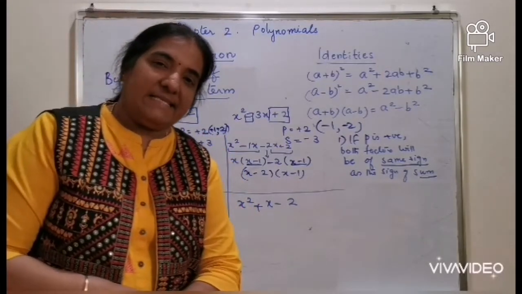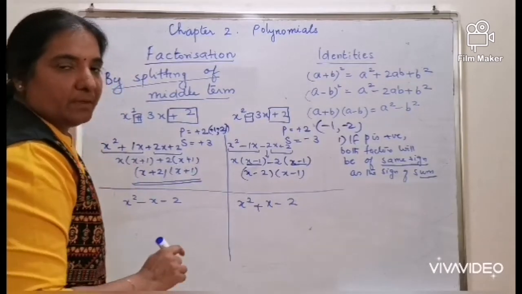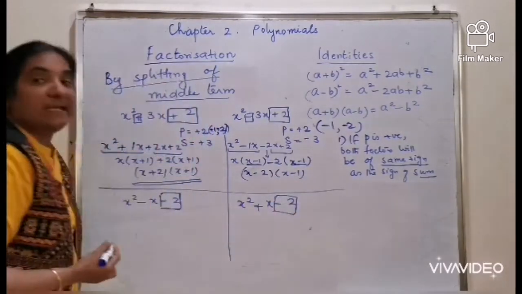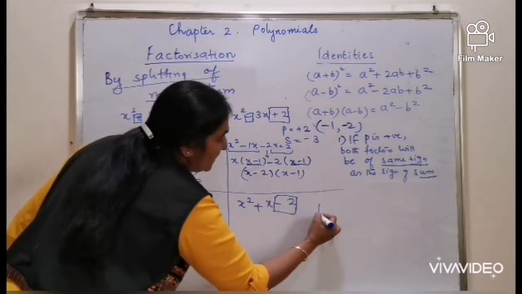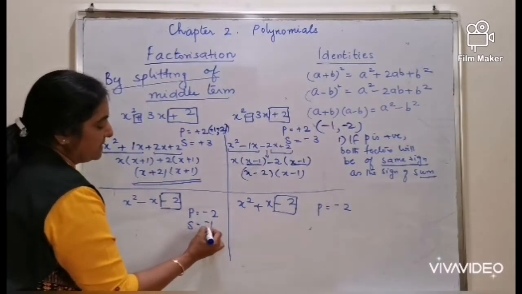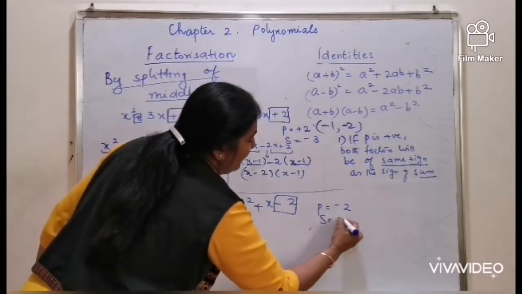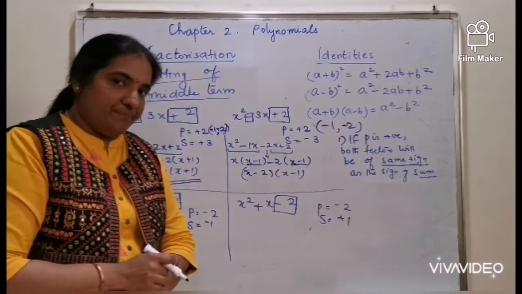Let us take the example of 3 and 4. The product in both the cases is negative. The product is minus 2, and the sum of the factors should be negative in this case and positive in that case.